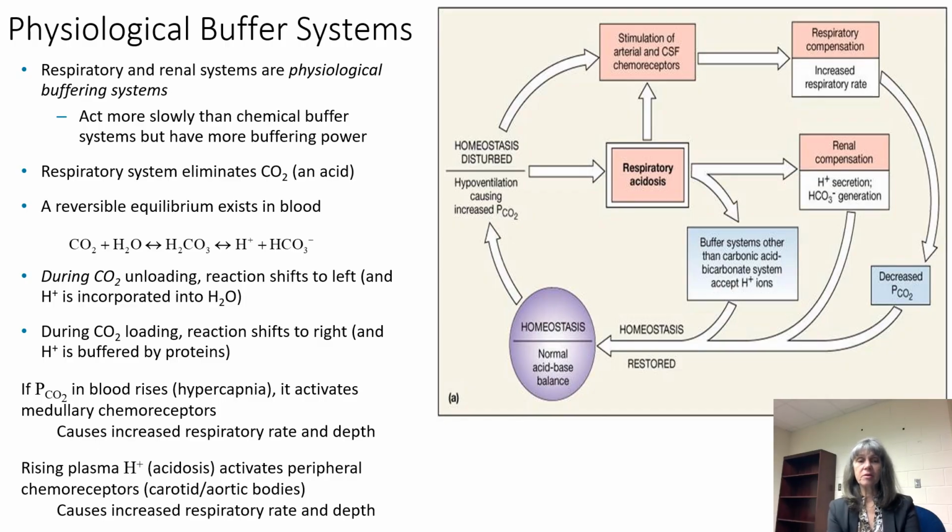With rising plasma levels of free hydrogen ions, or acidosis, that will activate peripheral chemoreceptors that are found in the carotid and aortic bodies, and that will cause an increase in respiratory rate and depth. So notice how either that partial pressure of carbon dioxide rises, it will cause an increase in respiration rate and depth, as well as rising plasma levels of free hydrogen ions will cause an increased respiratory rate and depth.